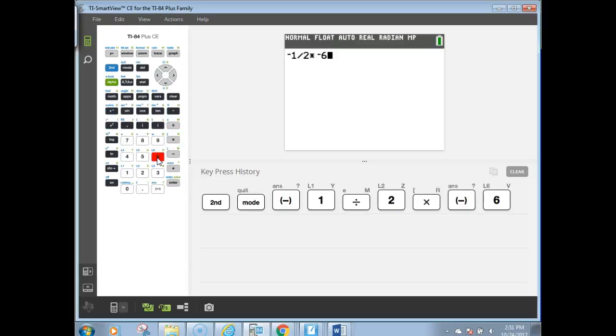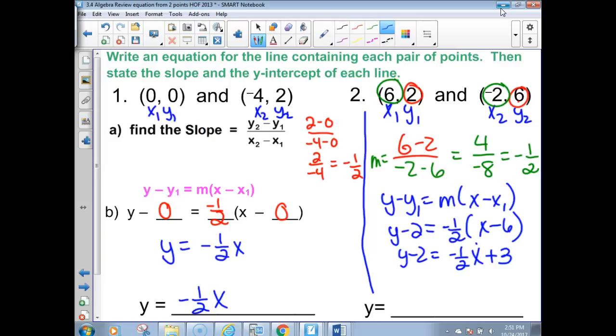So no excuses for not being able to do this. The calculator can help you. That came out to be positive 3, and that's what we wrote, plus 3. Next step, last thing to do is get y alone by adding 2 to both sides. So our final equation of this line is y equals negative 1/2 x plus 5.